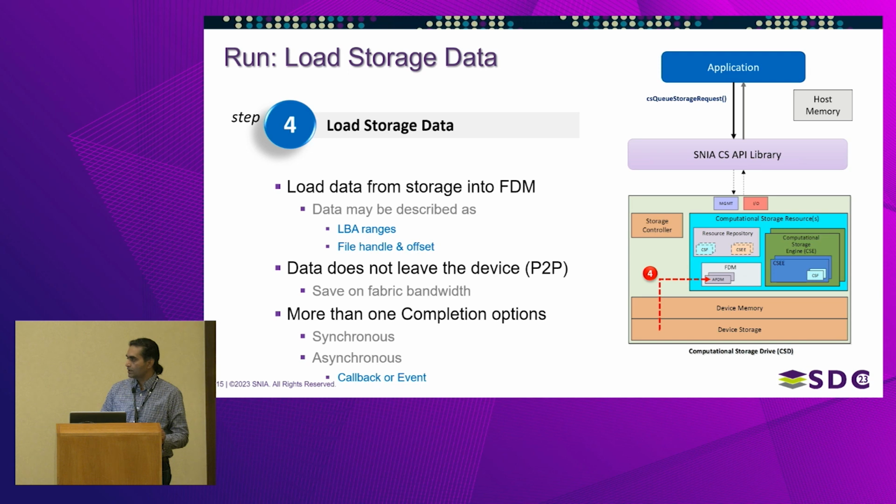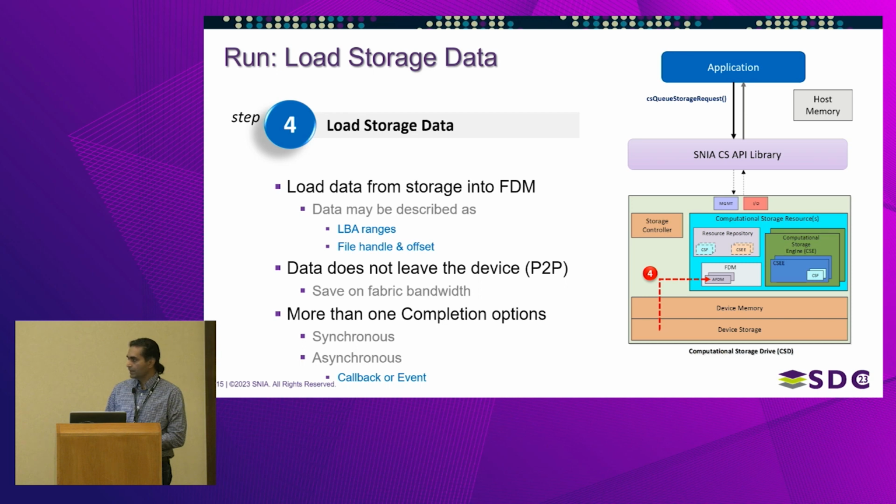So let's look at how loading storage data works. As shown here, the loading of storage data takes advantage of your peer-to-peer access. That is, data goes from the storage part of your device to the memory, or FDM, without leaving the device. This is the benefit of doing computational storage, where data is loaded directly within the device and you save on your fabric's bandwidth.